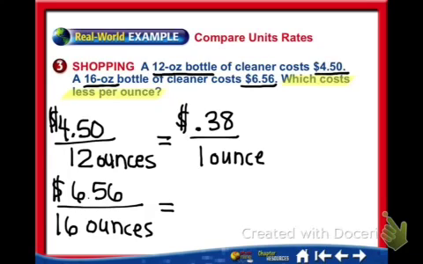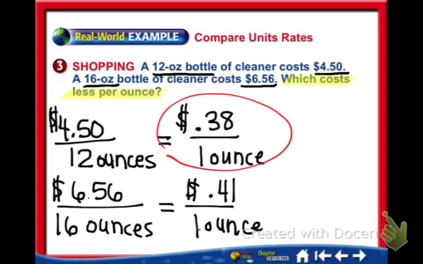When I divide these two numbers, I'll get 41 cents per 1 ounce. Now that I know the unit price, I can go back to my question. It says, which cost less per ounce? 38 cents is less than 41 cents, so that is our answer, 12-ounce bottle.